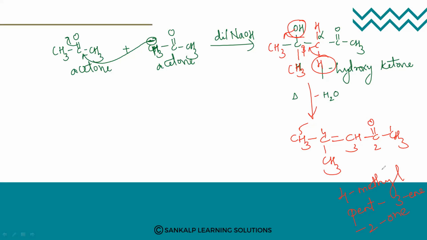So this is the aldol condensation, a very important name reaction. Remember, aldol condensation is very important in your theory also, and for your board exams this is one of the very important questions which can be asked.